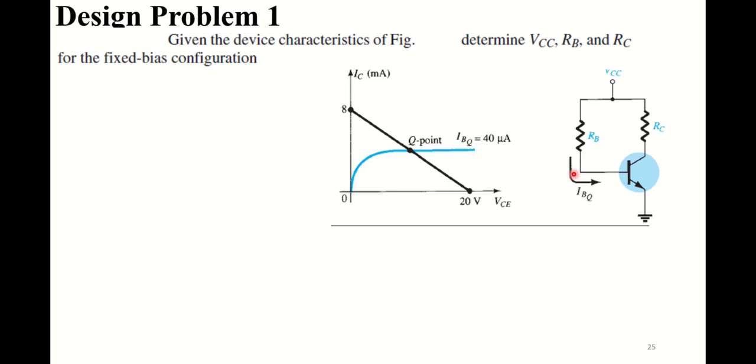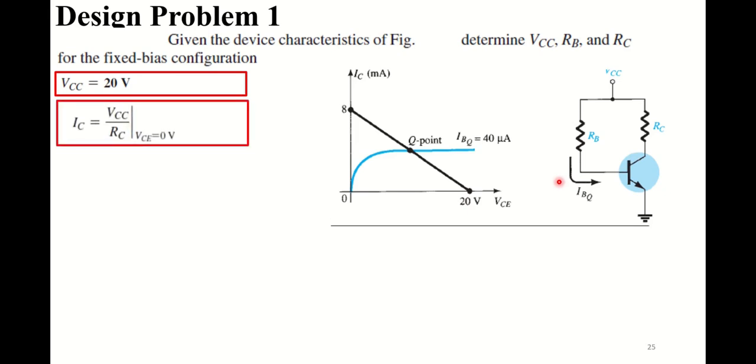Like in this case, we can easily tell that the value of VCC is equal to 20 volts, by looking at the output characteristic graph, because we know that the point at which the load line cuts the x-axis is the value of VCC. As the configuration in which the BJT is connected is fixed bias configuration, for which the formula of collector current is IC is equal to VCC over RC.